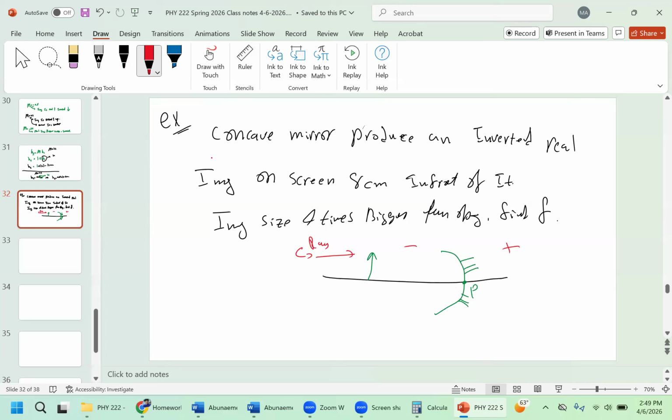So what do we have? You have your distance. It says a mirror produces an inverted real image, 8 centimeters, right?